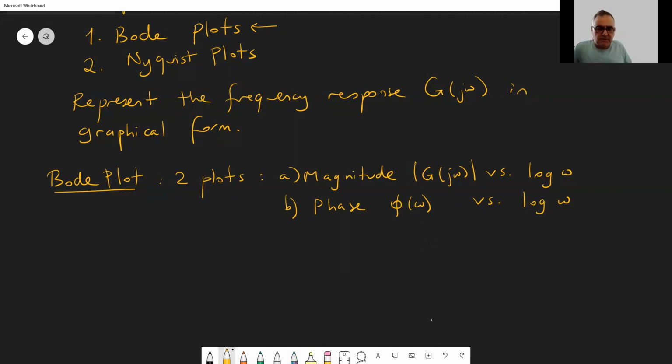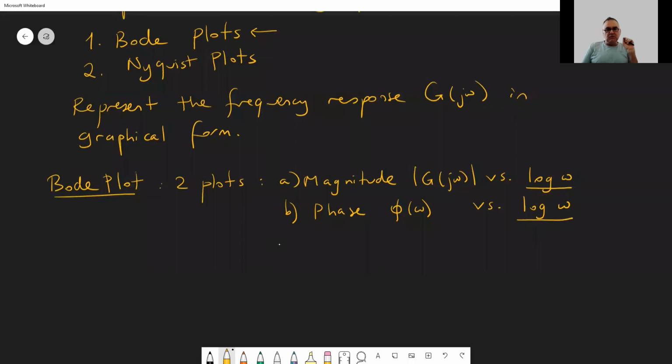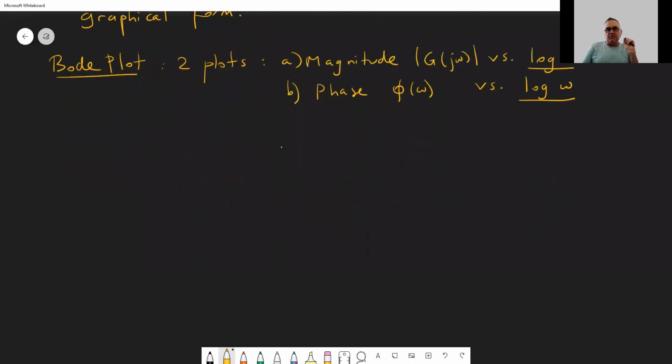We are plotting the magnitude and the phase not with respect to omega, but with respect to log of omega, the logarithmic. So these plots are logarithmic in the first place.